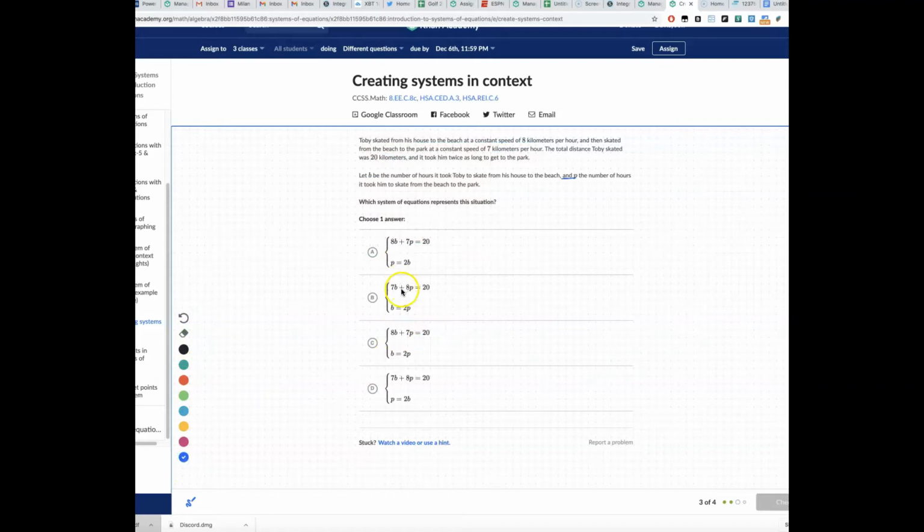So 8B plus 7P equals 20. Nope. And nope. So they got it mixed up. And then we look at, okay, it took them twice as long to get to the park.